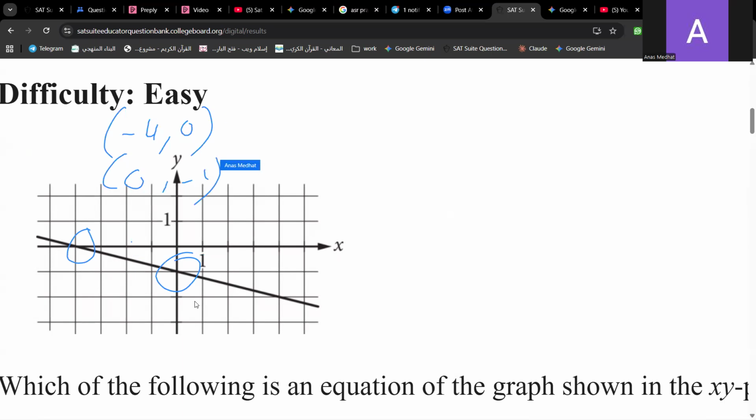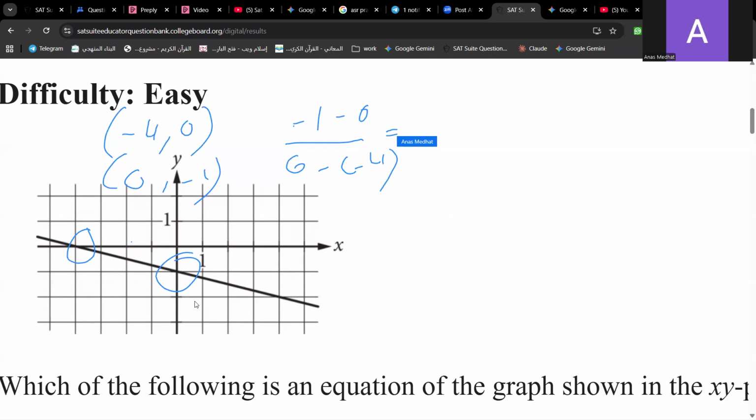Now let's find the slope. It will be minus 1 minus 0 over 0 minus minus 4.